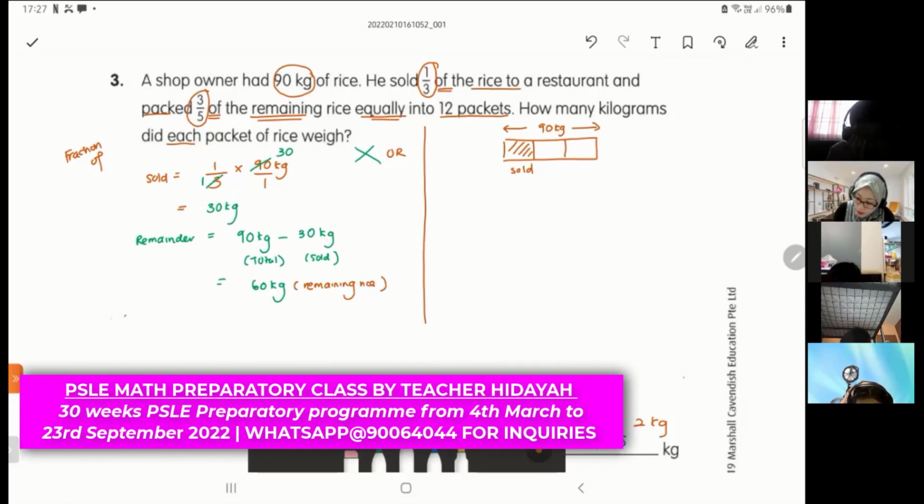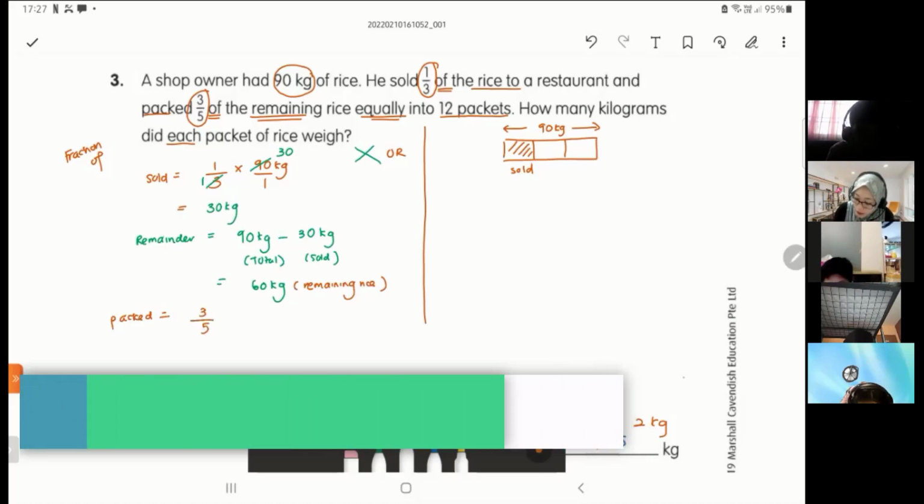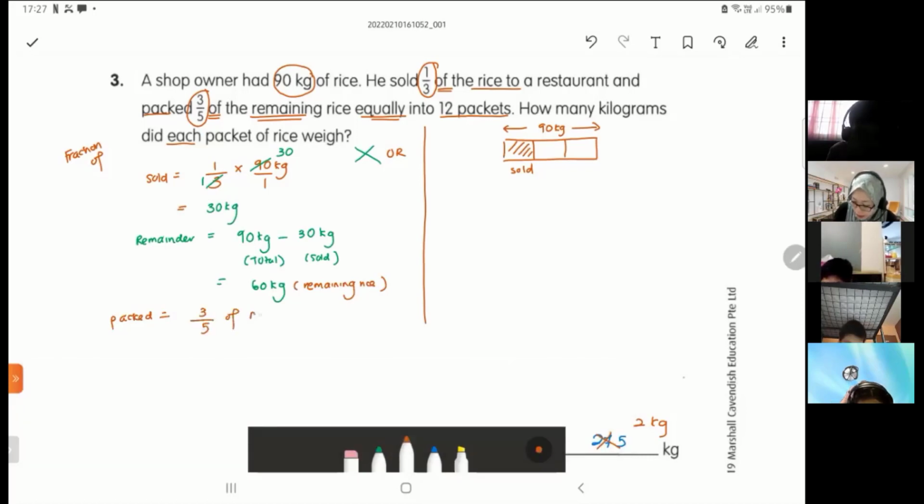So packed is actually 3/5 of the remaining rice, where "of" means times, and the remaining is 60 kg over 1. So I look crosswise first, right? 60 divided by 5 is 12, and 5 divided by 5 is 1. Then row-wise, 12 times 3 is 36 kg.